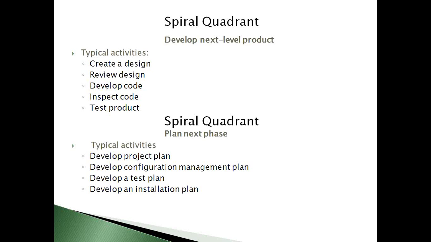When it comes to the final phase, the fourth quadrant, that is the plan next phase. The typical activities involved in this phase are how to develop the project plan and how to develop the configuration management plan.